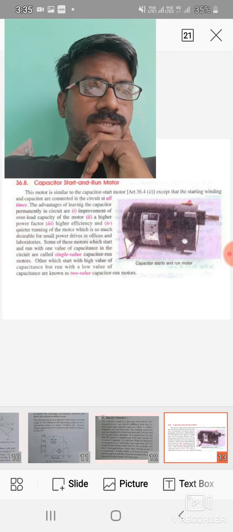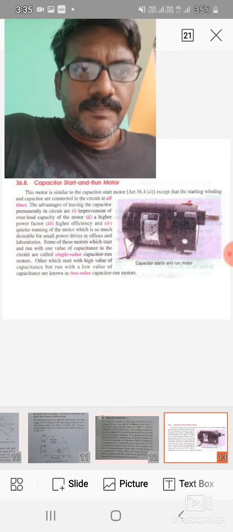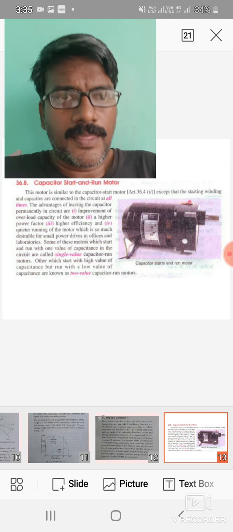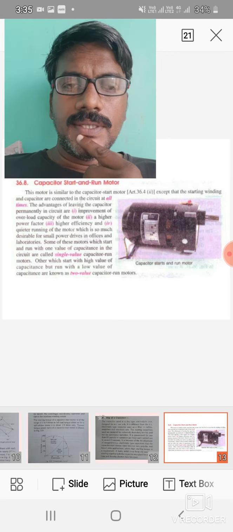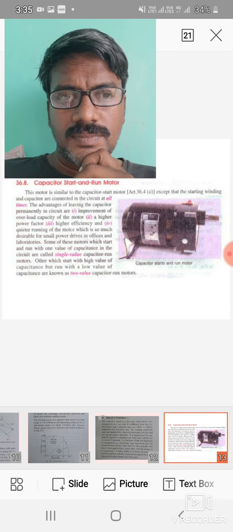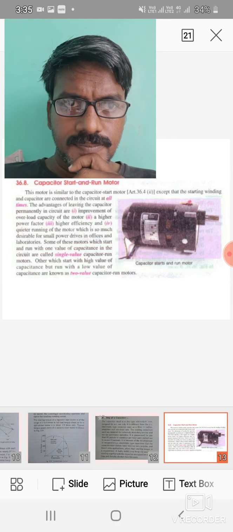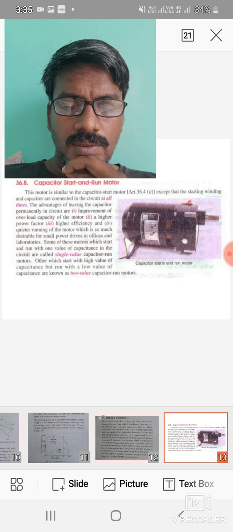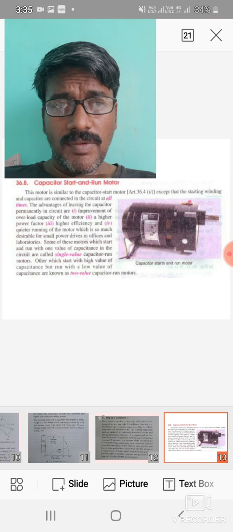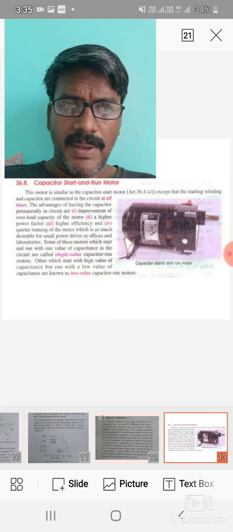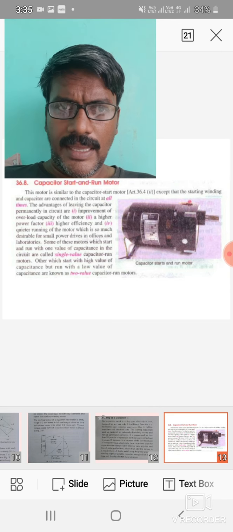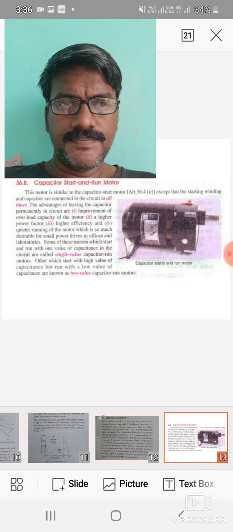In the last class, we did a recap. We have learned what a capacitor start motor is. Today we will discuss the capacitor start and capacitor run motor.